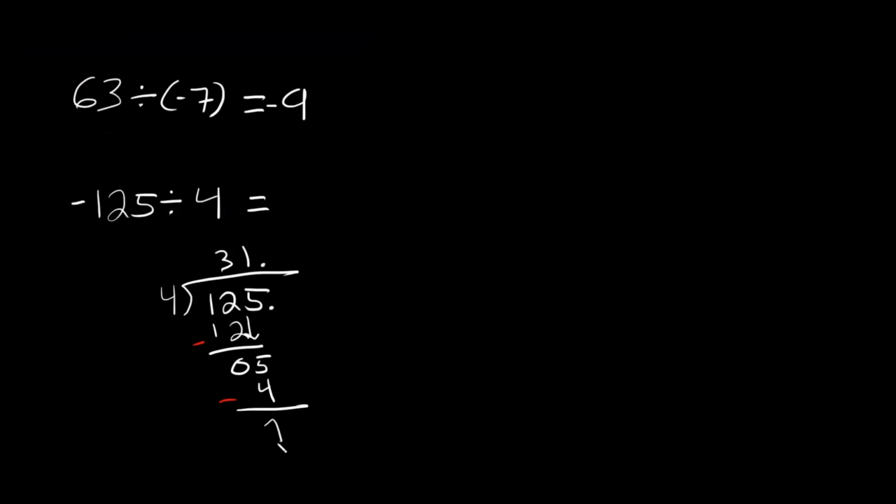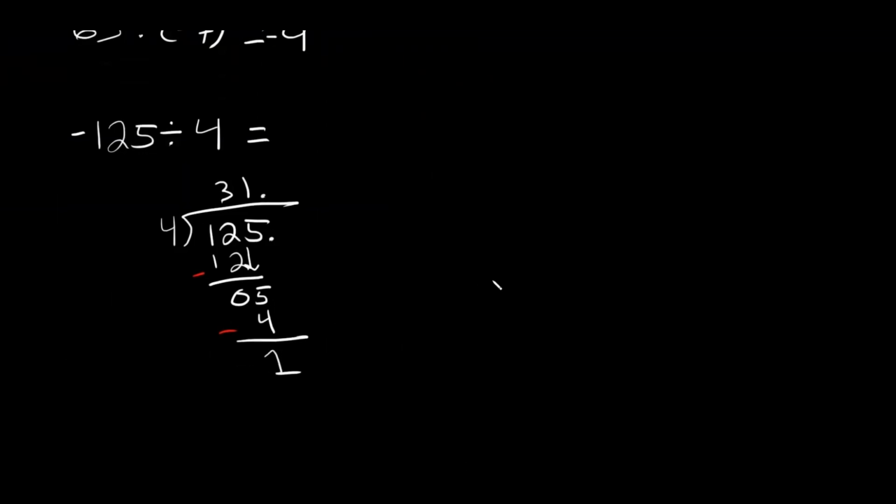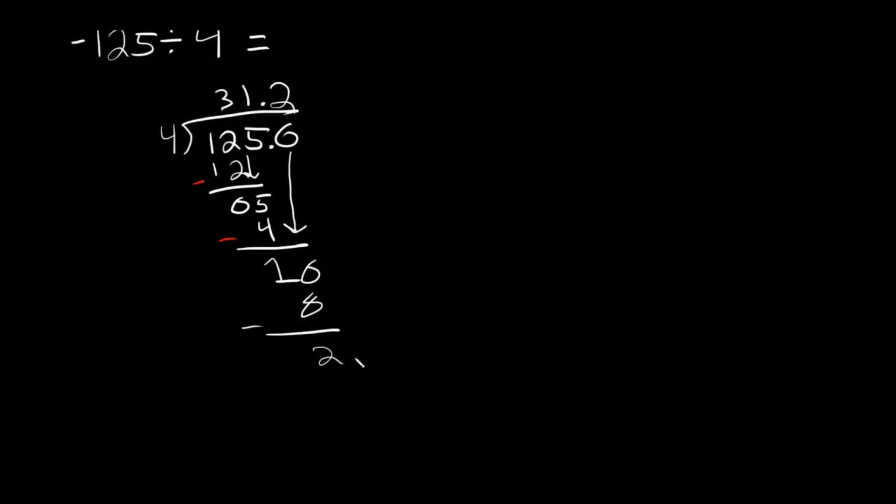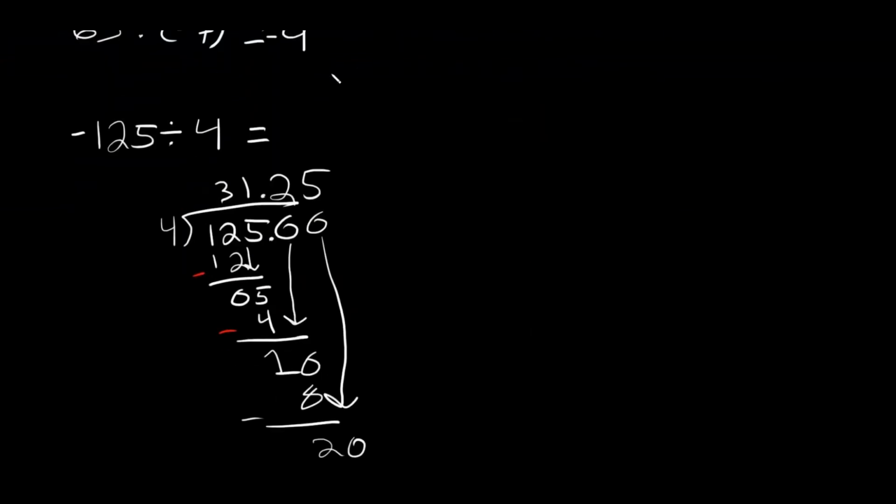That will give us 1. We'll add a 0 here and then drop it down. Notice 4 goes into 10 twice. We will subtract 8, and this will leave us with a 2. Add another 0 here. This will give us 20, and 4 goes into 20 5 times. So our answer, if they were both positive, would be 31.25.